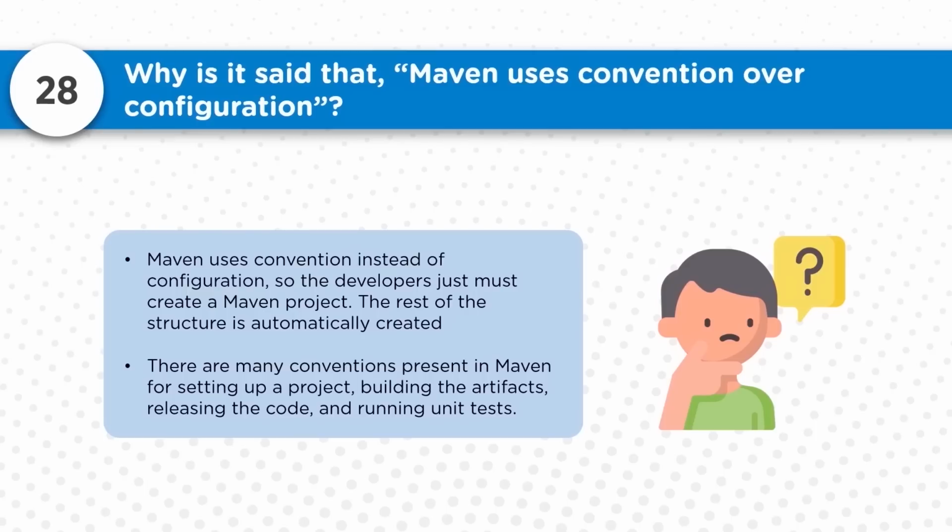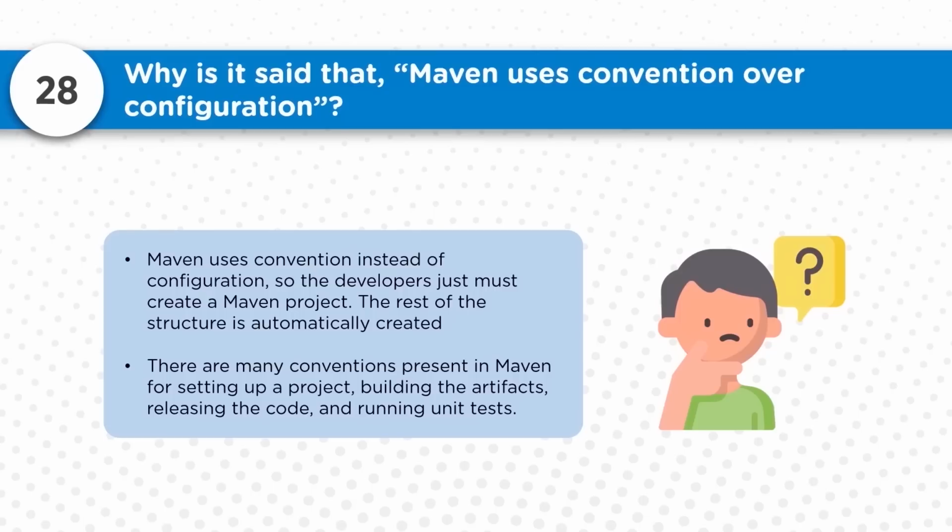Maven uses conventions instead of configurations, so the developers just have to create the Maven project, and the rest of the structure will be taken care of automatically. They are not expected to do the configuration work; you just have to start, and the rest should be taken care of by Maven itself.